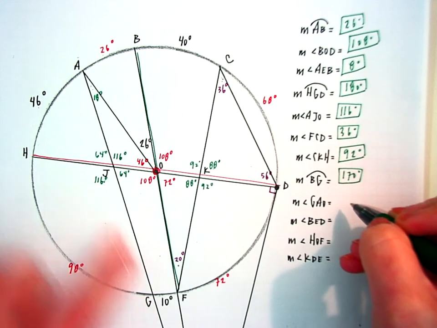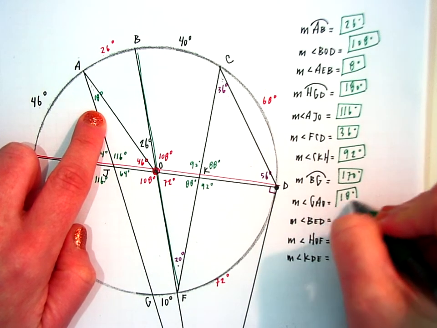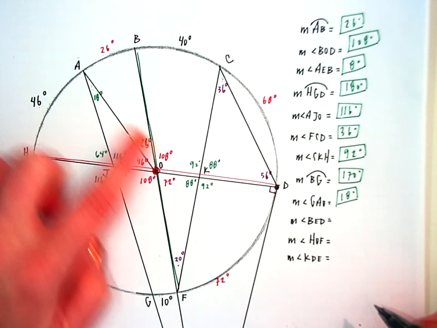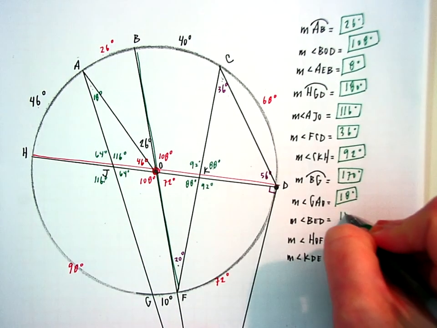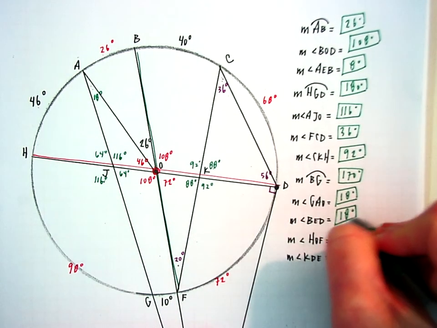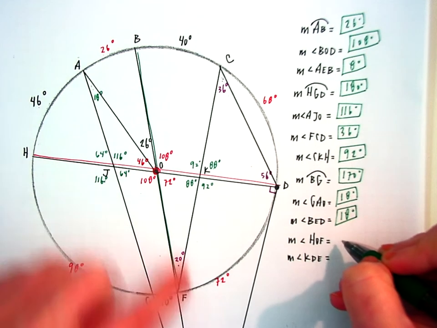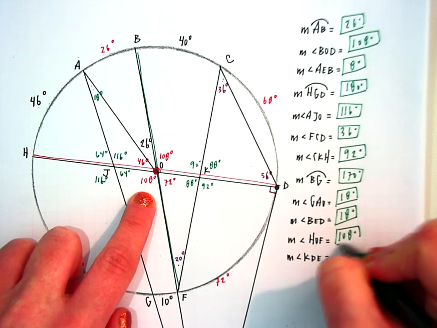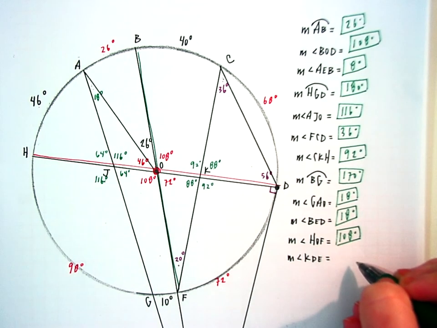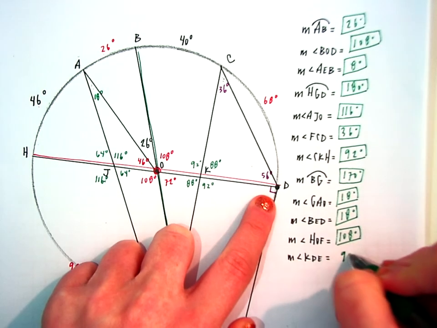GAO, so GAO right there is 18. Okay, BED, it's the other one that's down below here. So that is the larger of the two. So that was the 18-degree angle. Okay, HOF, so HOF right here, 108. And then KDE, where's my K? There's K. KDE, right, that was the 90 degrees.